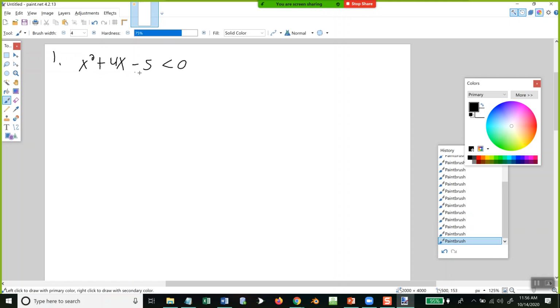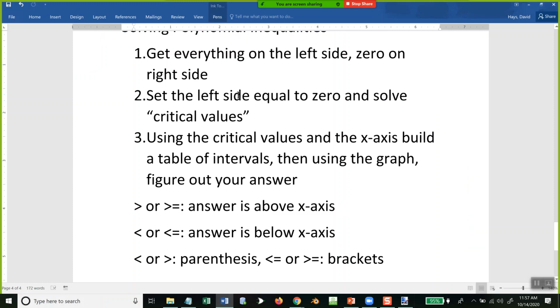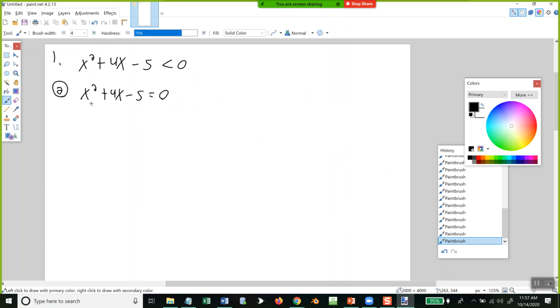Step 1, get everything on the left side, 0 on the right side. That's done. Step 2, take your left side, set equal to 0, and solve it. Notice in my steps, I don't say how to solve it. Each of these problems will be different. This one you can actually factor.